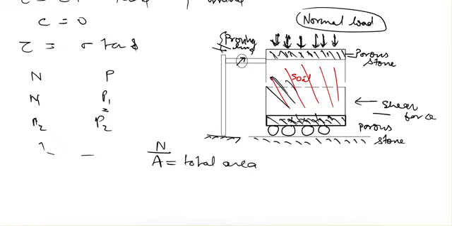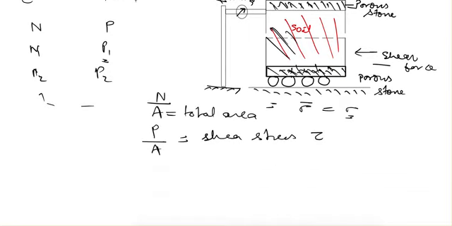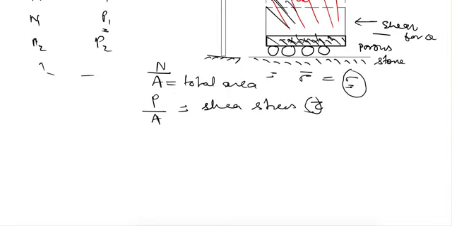So normal force divided by total area will give our effective stress, because it is drained condition, so effective stress and total stress are same. And similarly horizontal force or shear force divided by area will give our shear stress. So after obtaining different values of shear stress and normal stress, we plot it like this.